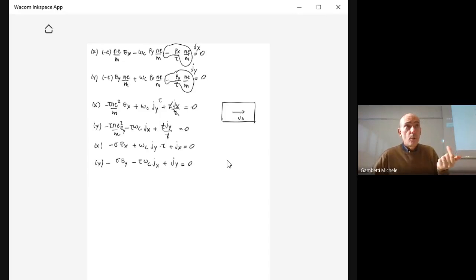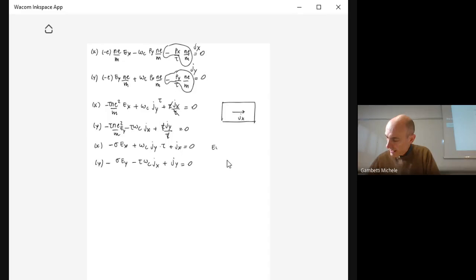At the beginning, when you switch on the magnetic field, you will have a flow of electrons going to the right side of the slab. But when the Ey field sets in and you reach the equilibrium, what you expect is that at some point Jy will be equal to 0, because there will be no more a flow of current orthogonal to the direction of Jx. So at the equilibrium, we expect that Jy is equal to 0.